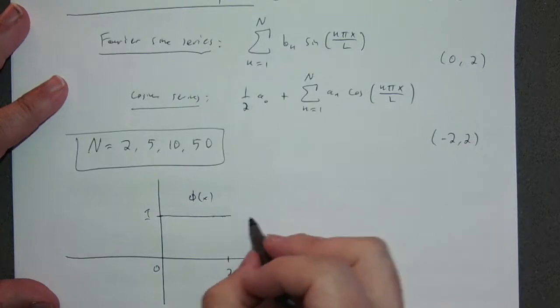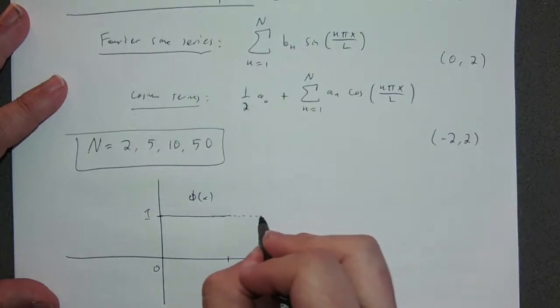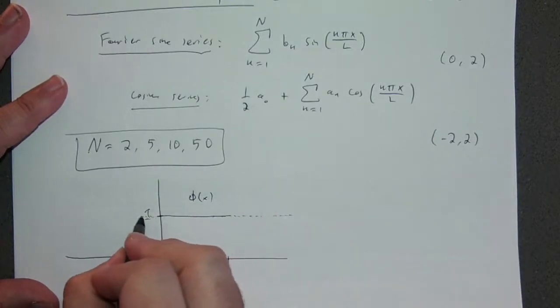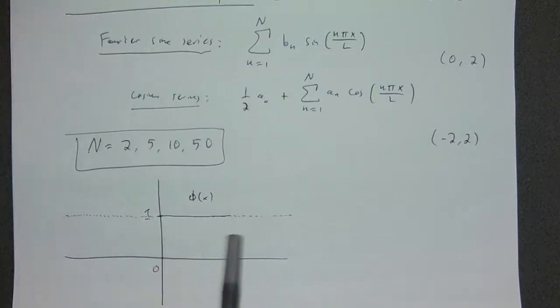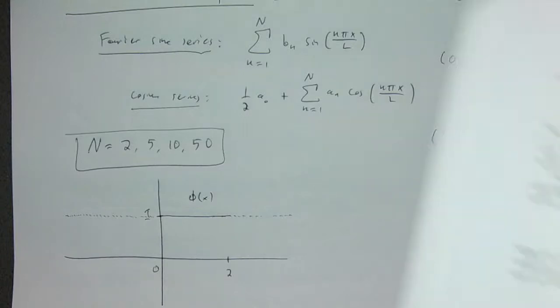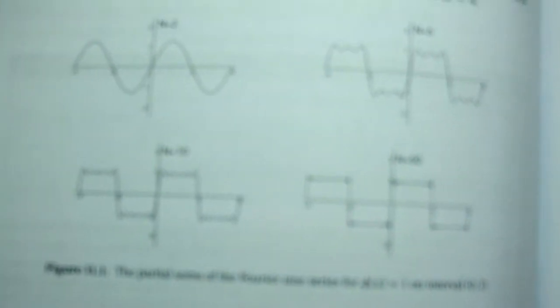I'm going to add in dotted lines for the rest of the function, but this is the piece that we're looking at here. Now we're going to be plotting these corresponding partial sums and looking at what they look like. So let me bring up a picture of plots here. This is for the Fourier sine series.